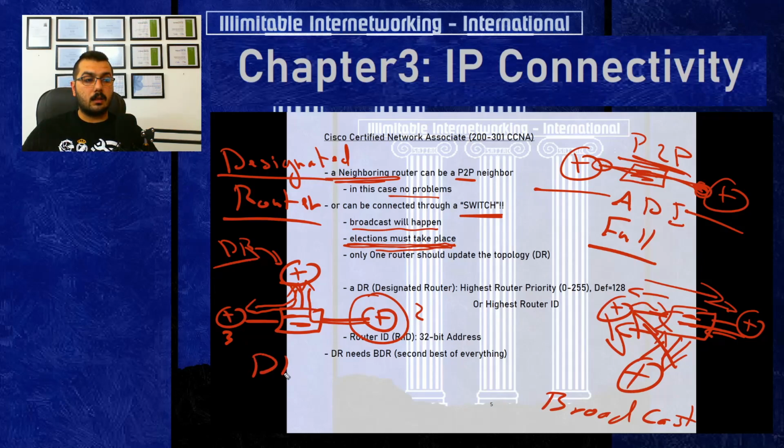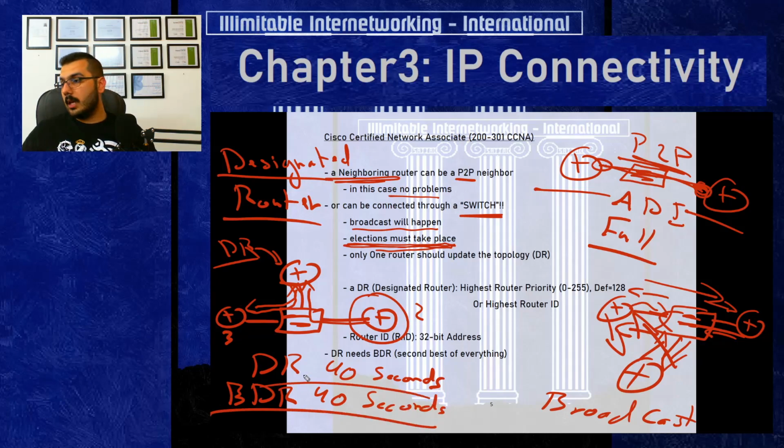The designated router, in case it failed, then the election also will choose a backup designated router. The process of DR will take 40 seconds, I believe. And after the first 40 seconds finishes, another 40 seconds will start to elect the backup designated router.